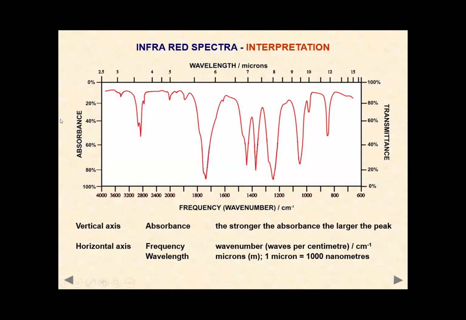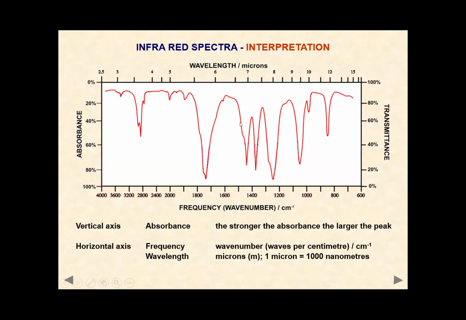Now, on the left side, the y-axis, absorbance is given. Towards the right side, the y-axis shows transmittance, and then frequency has been taken here on the x-axis, and opposite to it we have wavelength.